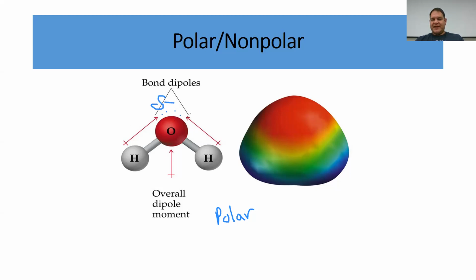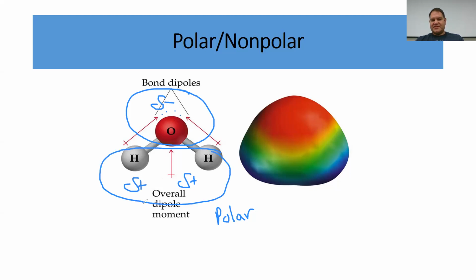And so there's going to be a negative charge region around that oxygen, okay? For the hydrogens, they're going to be partially positive, okay? And therefore, down here in this part of the molecule is going to be more positive. And so therefore, we create our two poles, our negative pole and our positive pole within the molecule. And so overall, the molecule is polar.